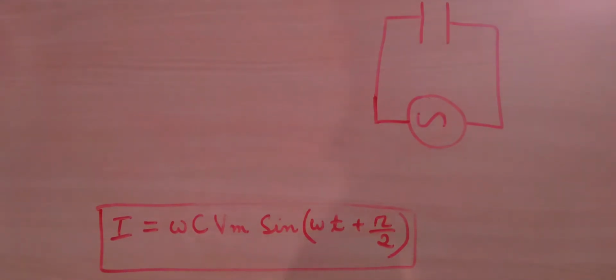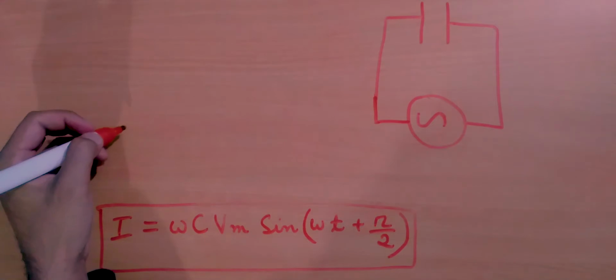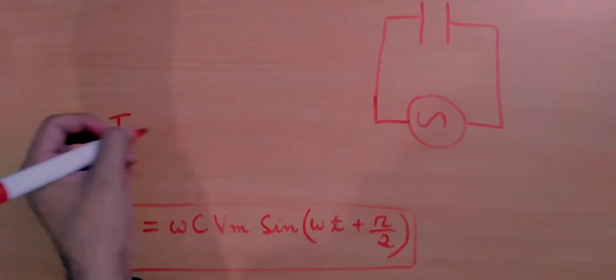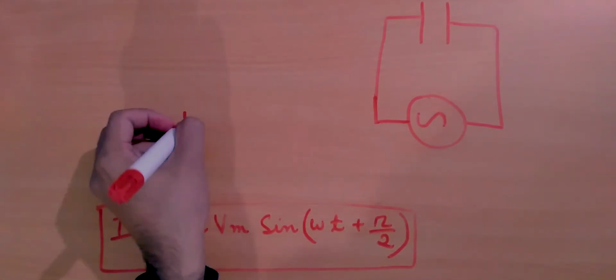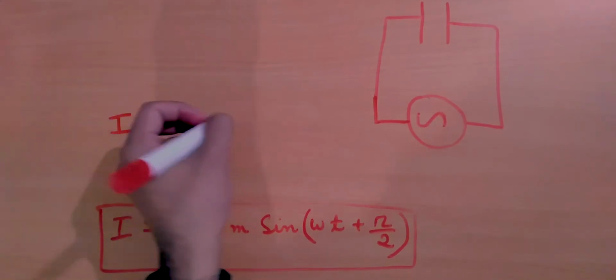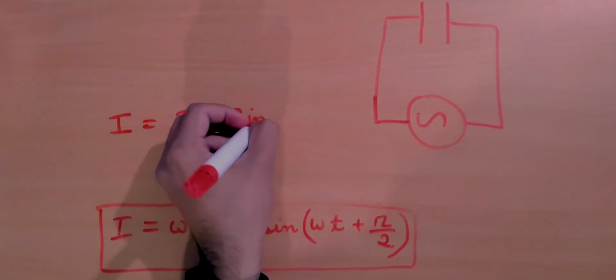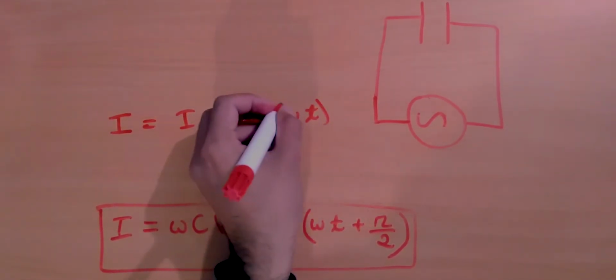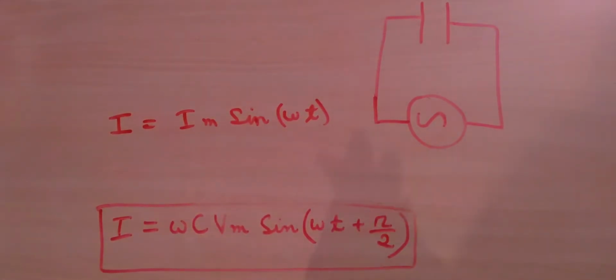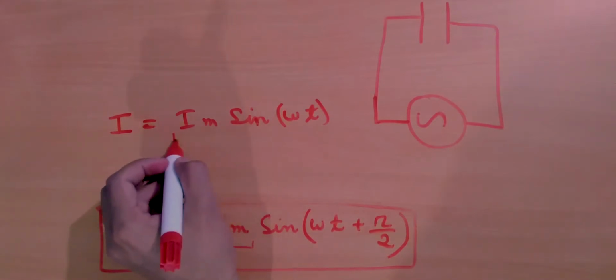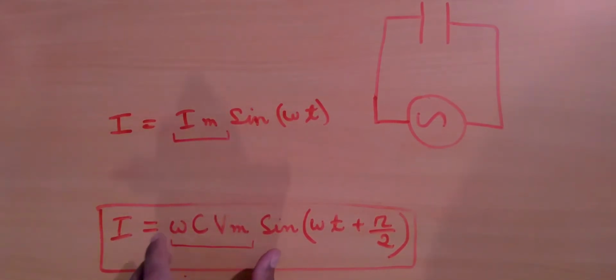If you compare it with the general equation of current in an AC circuit, I equals the peak current times sine omega t, let's ignore this pi by 2 for now, I'll deal with that later. You can see that this whole term here is analogous to Im, so this whole term represents the peak current, and that is true.